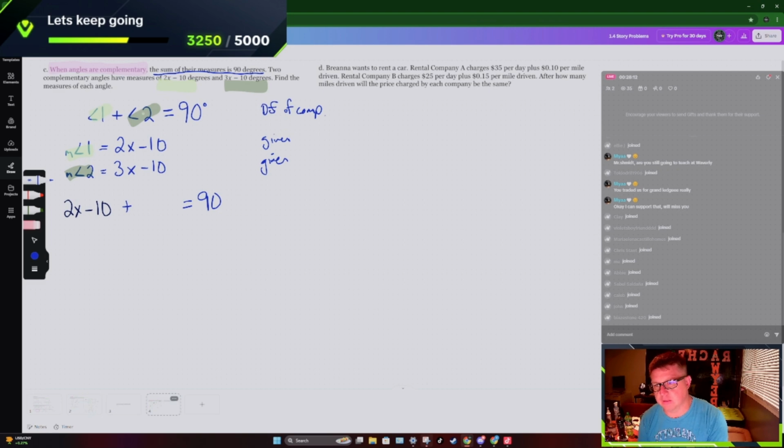And that something is going to be the other piece, 3x minus 10. So all we did is we replaced angle 1 and angle 2 with what their measures actually were given to us in this problem. Okay? And this is what we call substitution. We're substituting these given pieces of information into a general formula that is always the same. Okay? So, when we do this, now we're going to play our game.